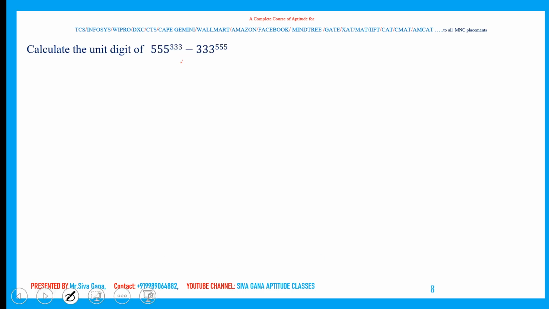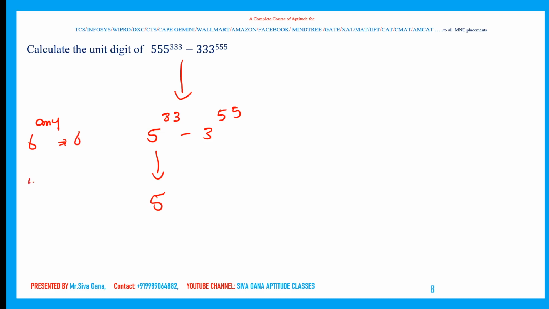Now the next question. This is a previously asked question. The unit digit is simply 5 power 33 minus 3 power 55. 5 to any power has unit digit 5, and 6 to any power has unit digit 6. 5 power 1 is 5, 5 square is 25, 5 cube is 125, all with unit digit 5. So 5 to any power has unit digit 5.